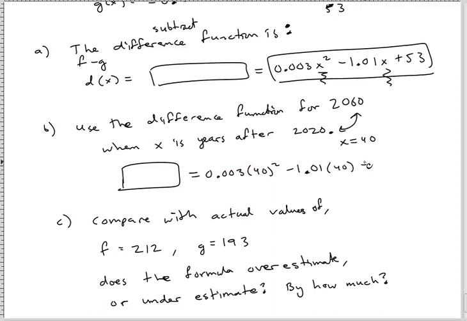Okay. Calculator time. 0.003 times 40 squared minus 1.01 times the 40 plus 53. And I've got 17.4. So there's my answer, 17.4.